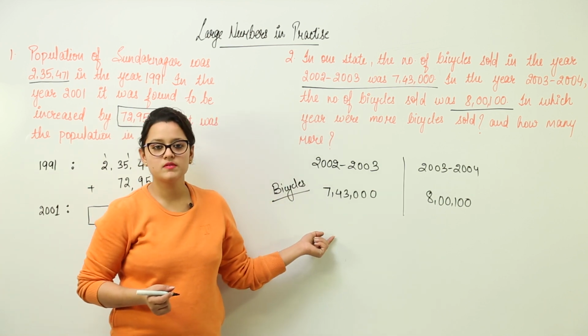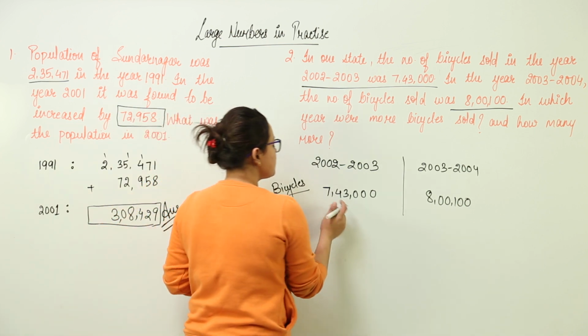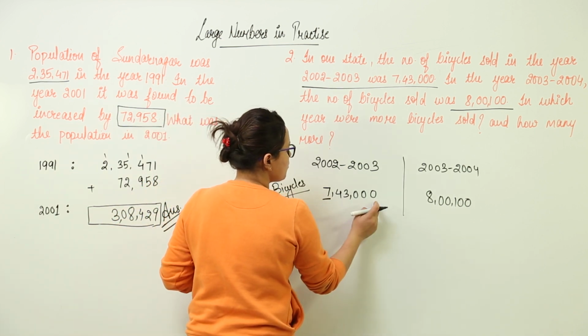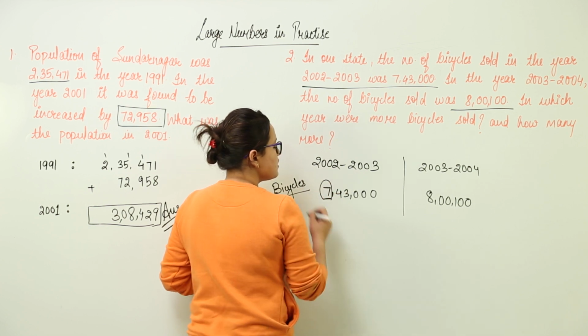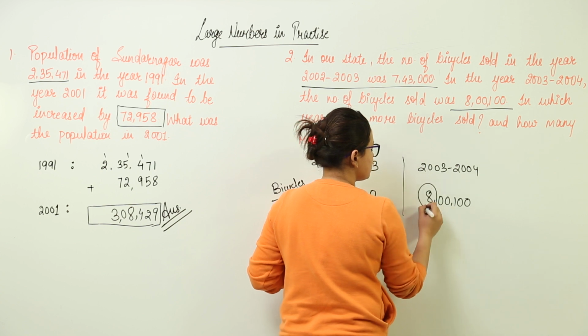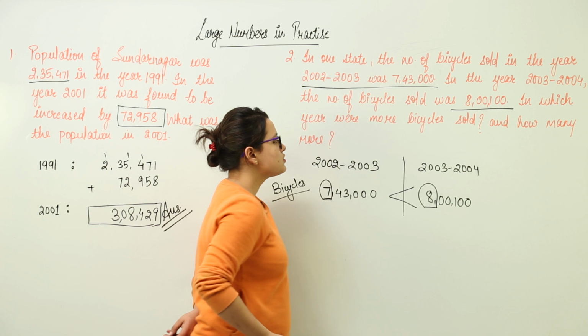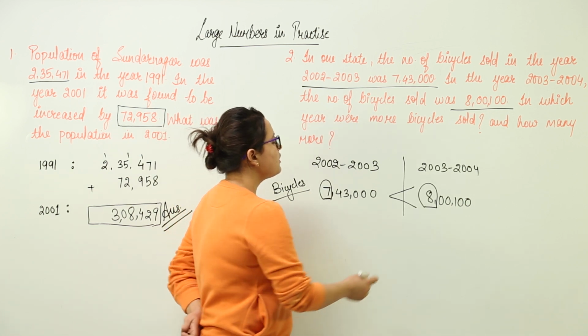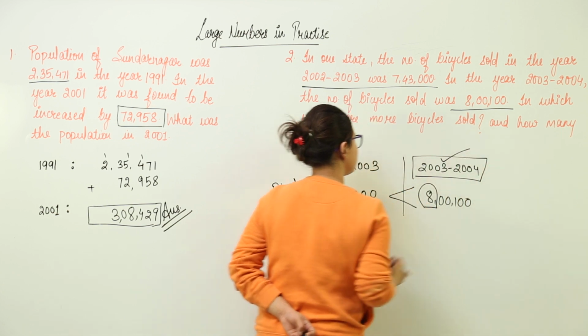For comparison, we start comparing the largest place. Now the largest place over here is this, and this is ones, tens, hundreds, thousands, ten thousands, lakhs place. Similarly here, ones, tens, hundreds, thousands, ten thousands, lakhs place. So which out of them is greater? Definitely this is greater. So we say that more number of bicycles were sold in 2003 and 2004.